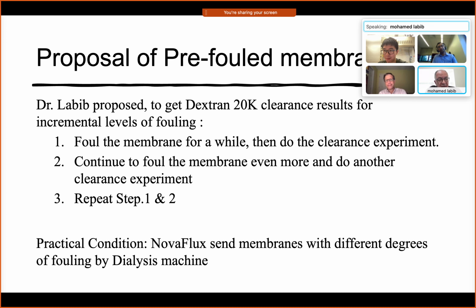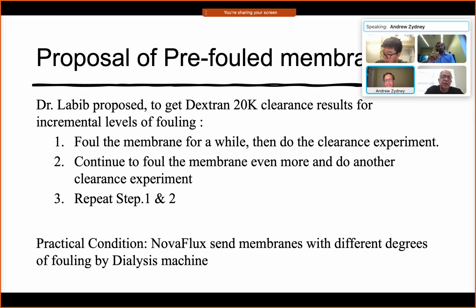From your experience, are there any filters, even maybe on the biotechnology side, that have the selective layer on the outside that we can use? I don't believe there are any dialysis membranes, but there are ultrafiltration membranes that have the selective layer on the outside. They're usually used in water treatment applications in an outside-in configuration.